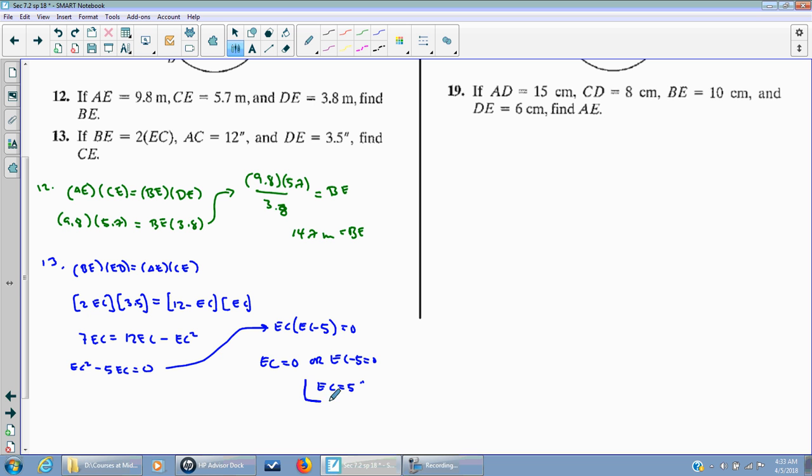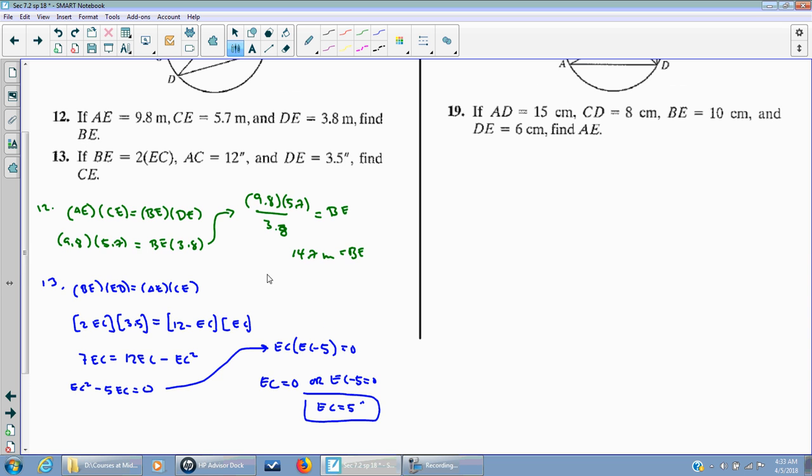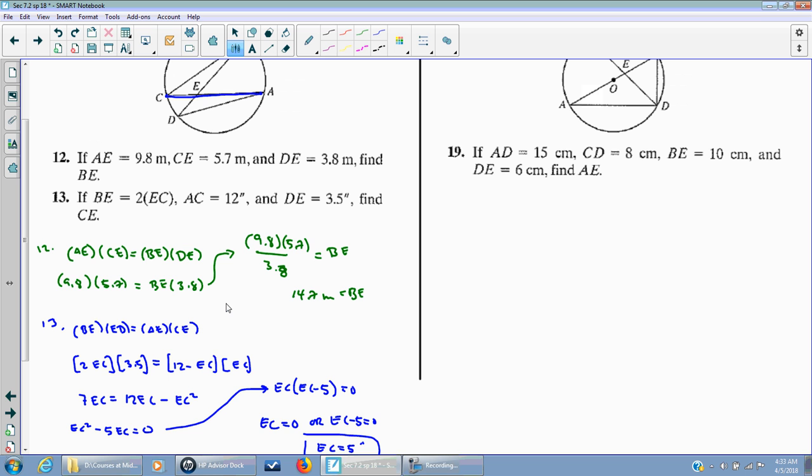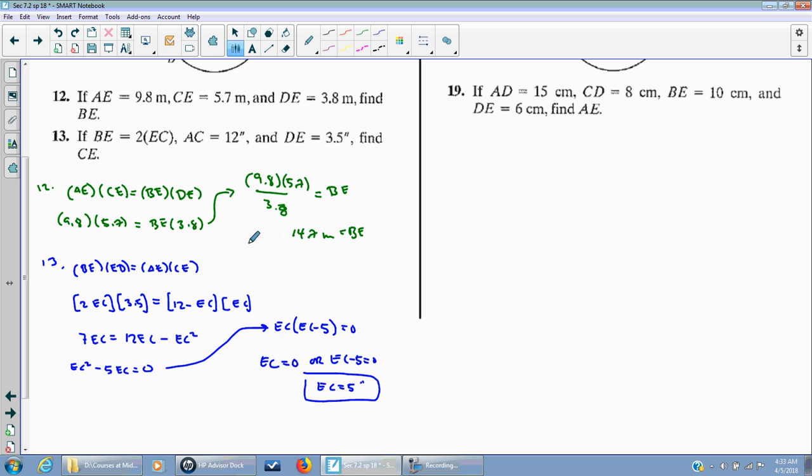So that's your answer here. And again, don't look at the figure, although this one is probably not as non-proportional as number 12 is. Okay, so those aren't too bad.